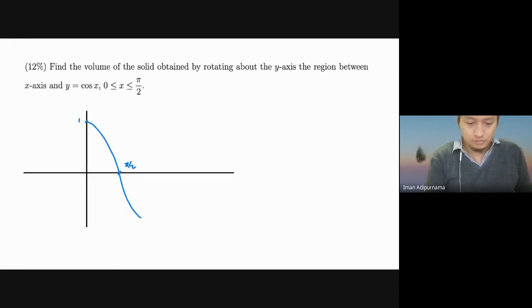So we need to rotate through the y-axis. This is x. So this will be the area.